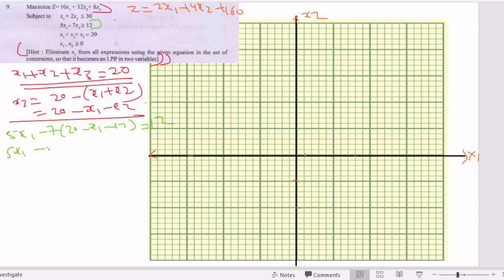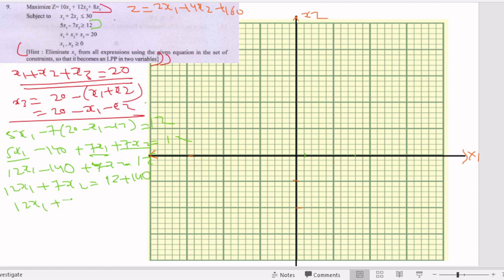So 5x1 minus 140 plus 7x1, it will come plus, right, plus 7x2 is equal to 12. So 5 plus 7 is 12x1 minus 140 plus 7x2 is equal to 12. So I can say that 12x1 plus 7x2 is equal to 12 plus 140. So 12x1 plus 7x2 is equal to 152. Okay, this is your second equation.